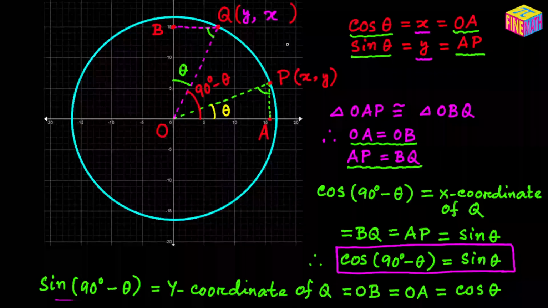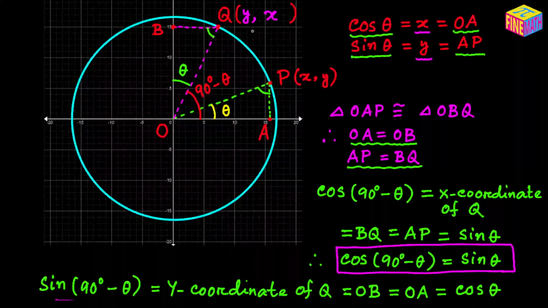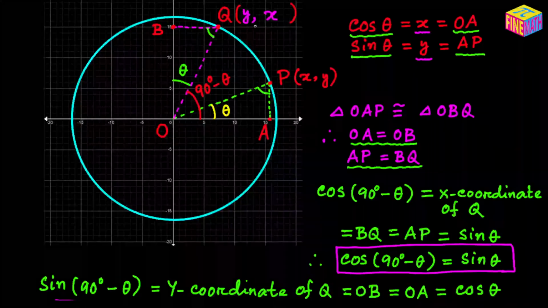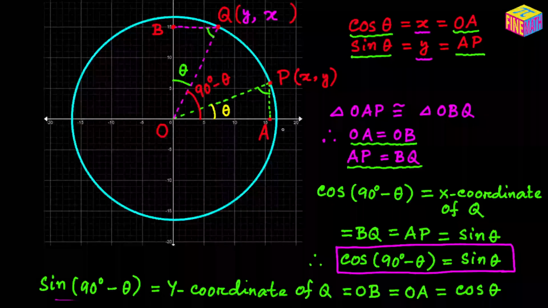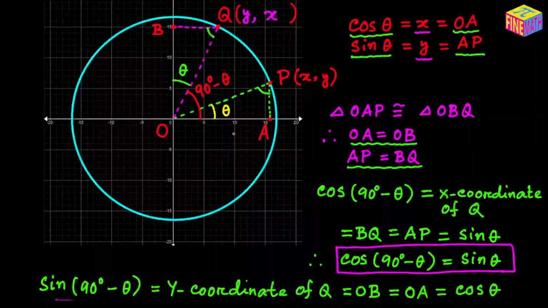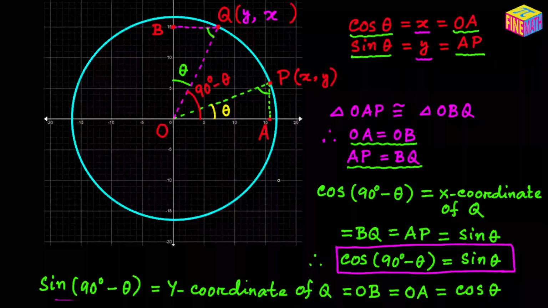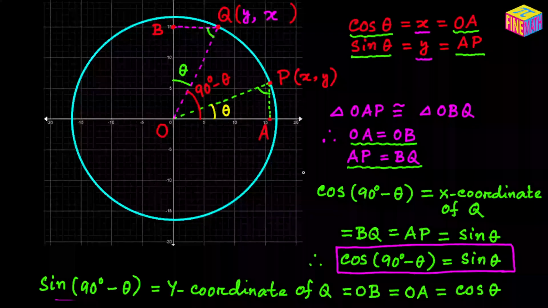So now we have found out the coordinates of Q, that is actually y comma x, when x and y are the coordinates of the point P, when OP creates the angle theta with the positive x axis, right? But again, don't worry too much about the point P. We are just using theta as a reference, as a basis. We are trying to express the ratios of 90 degree minus theta in terms of the ratios of theta angle.